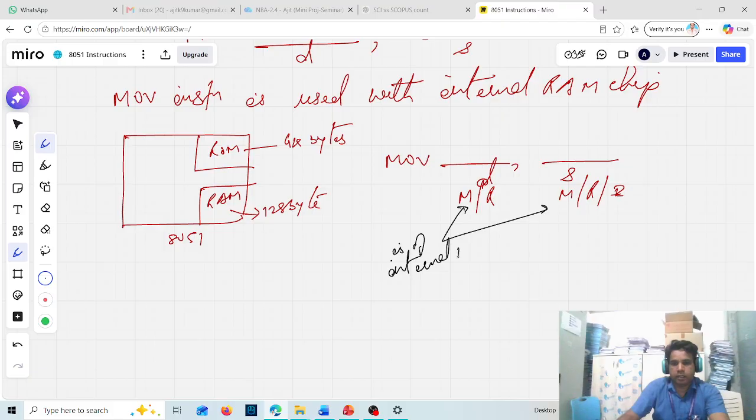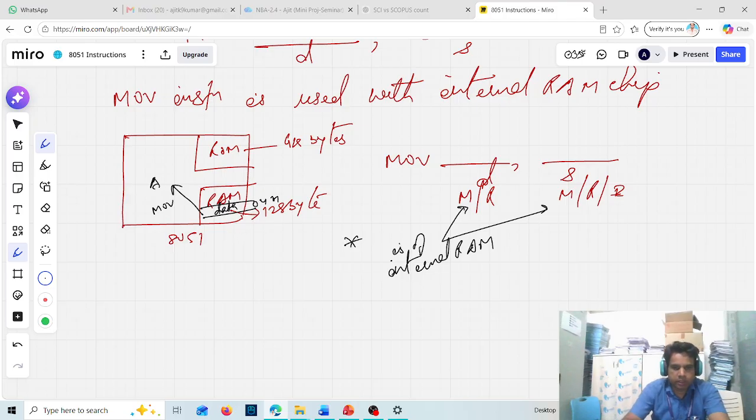Remember this is a very important point. When you are using this internal RAM, then suppose this is the address 04H, and if any data is there and you want to move this data into register A, then you have to use move instruction.